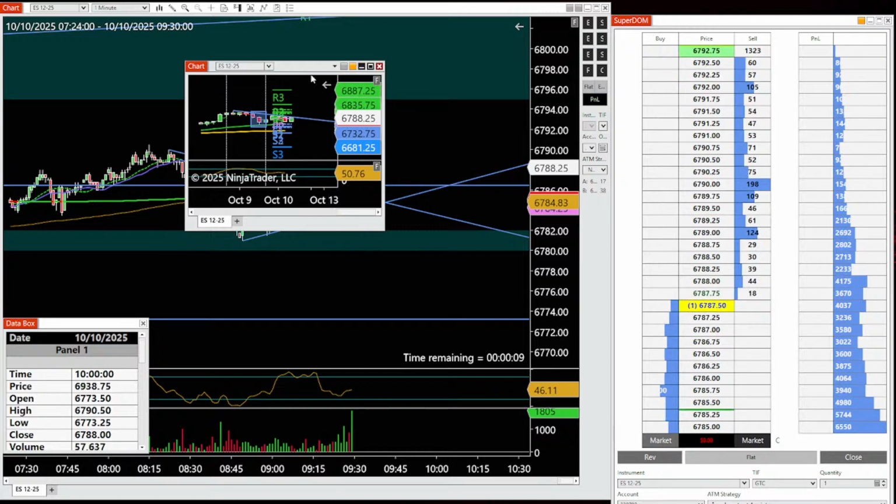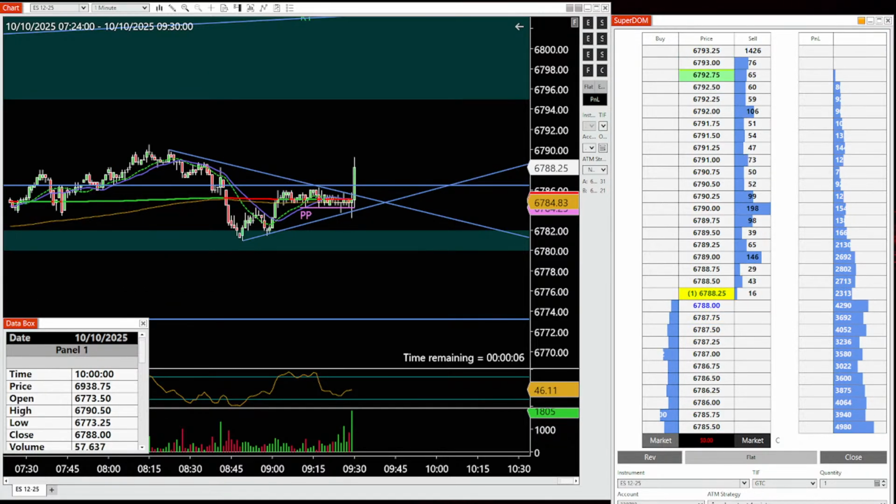Just be careful in that 20-point range. There we go. Market's moving.